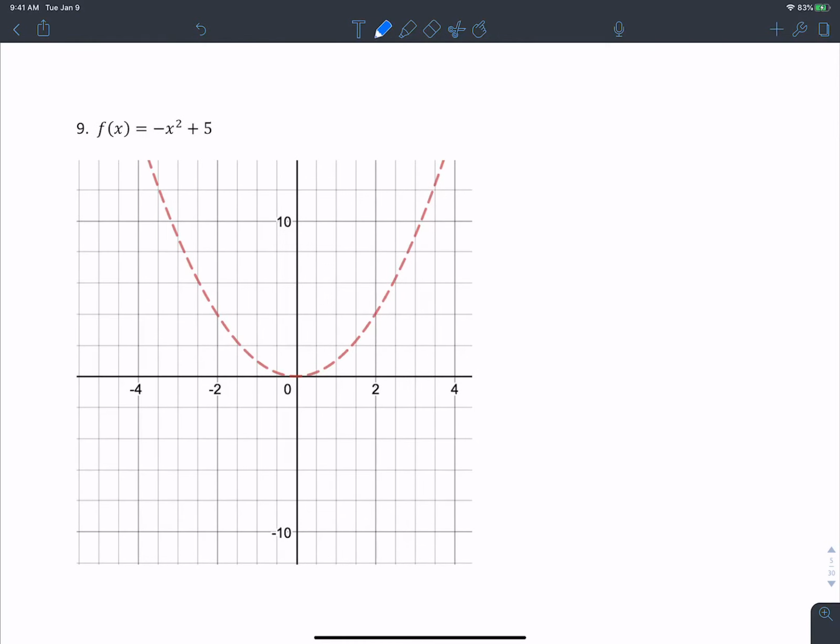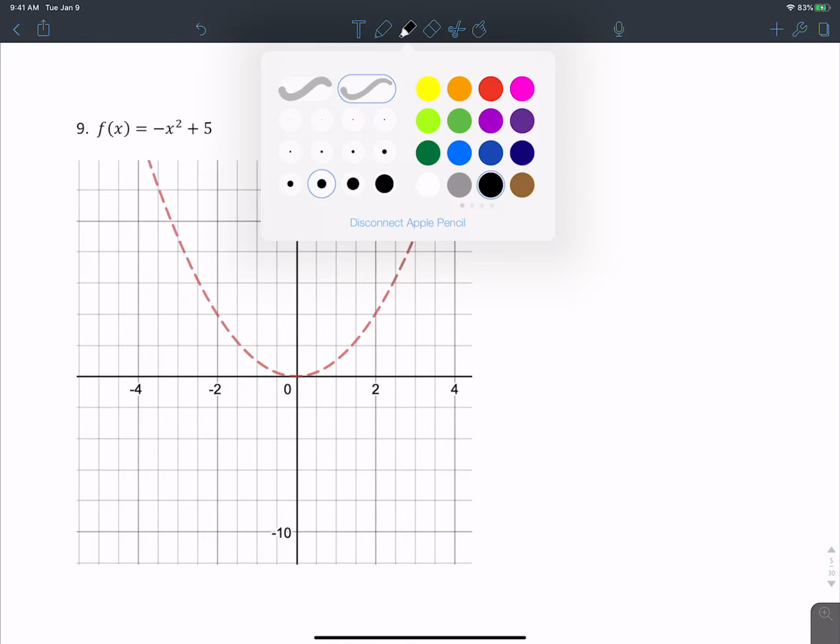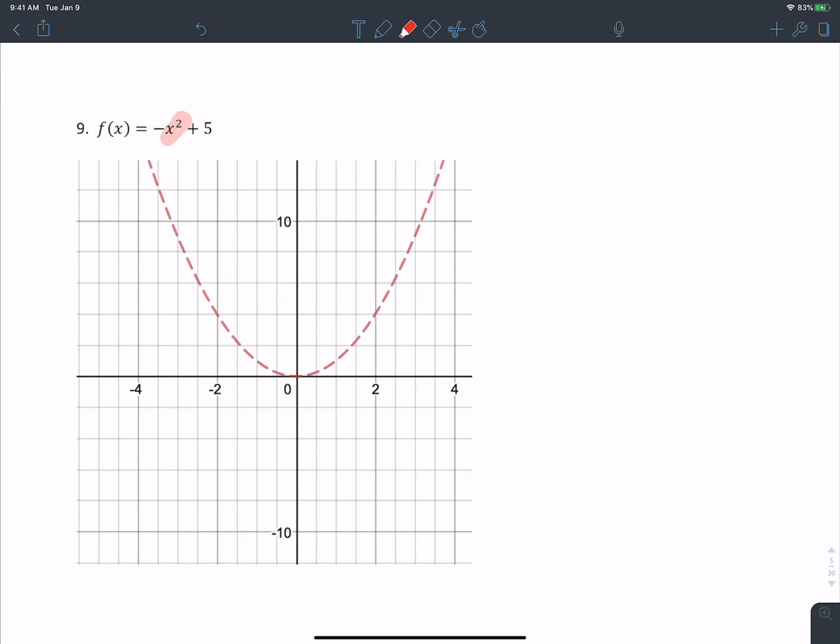Number 9. Now, I want to point a few things out here about number 9 here. Here's kind of important to notice. That's a parabola again, x squared. But don't overlook this negative sign. See, that negative sign means you're going to reflect your curve about the x-axis. And the curve you reflect is right here.